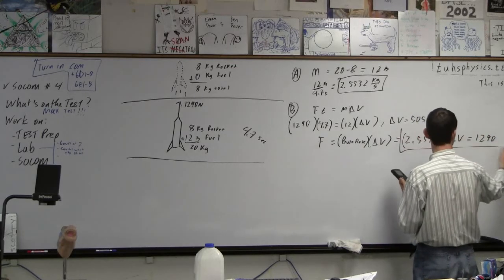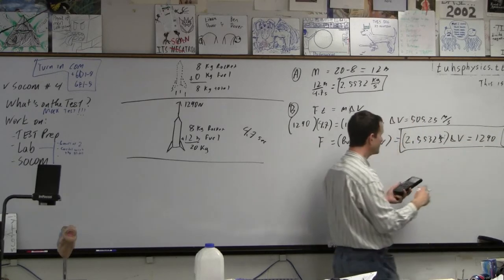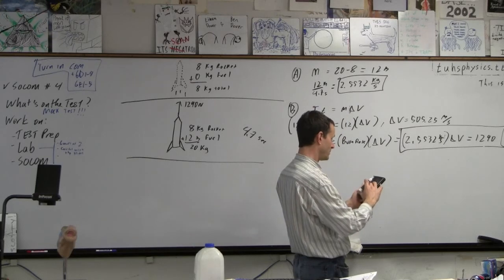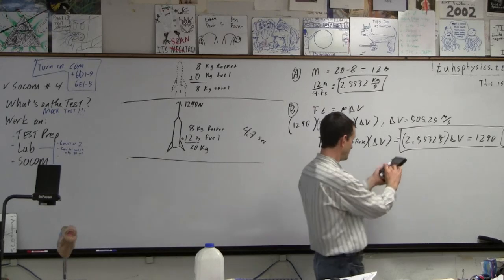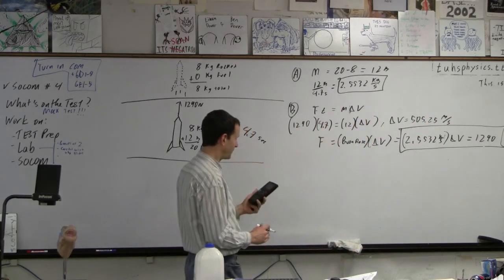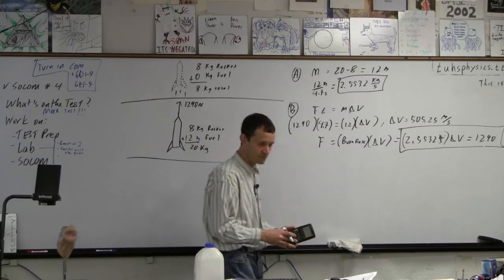This is the force, this is the burn rate, that's the delta V. So 1290 divided by my burn rate, which is this guy, gets the same exact number. I get 505.25. This is my favorite way to do it because why not, right?